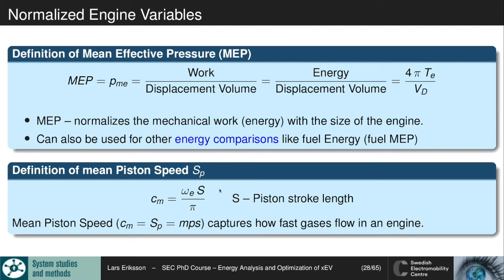So we're not working with Mach numbers, but in a sense it's similar thinking, in that we would like to capture whether or not we are close to reaching sonic conditions at some place inside the engine. And the mean piston speed is a good variable to describe that phenomenon.